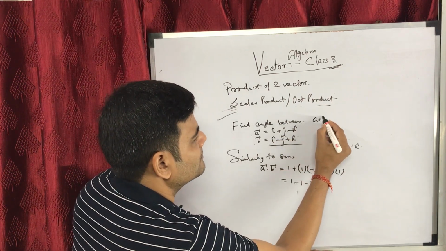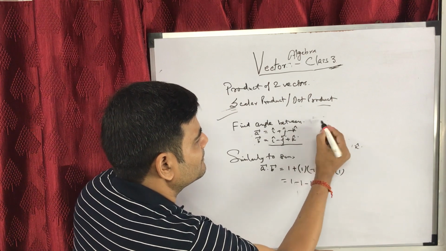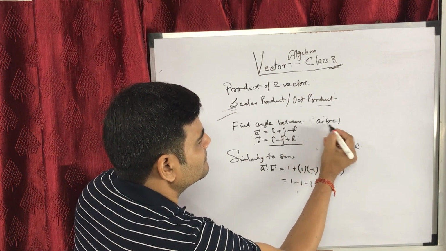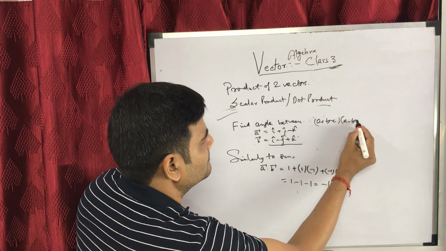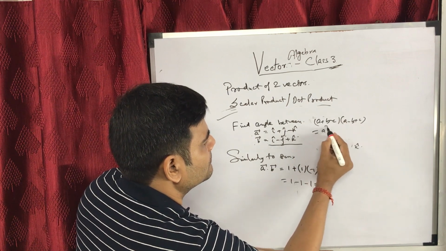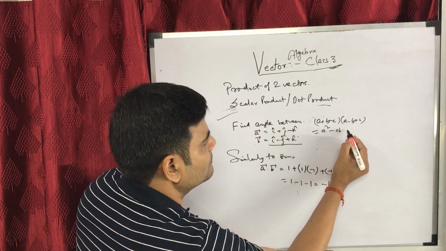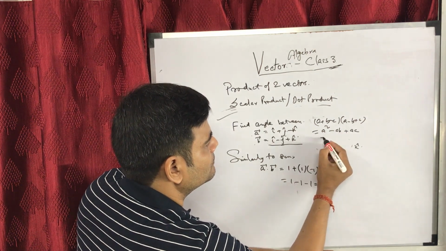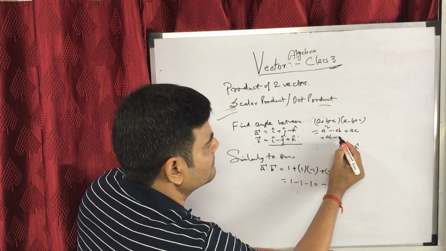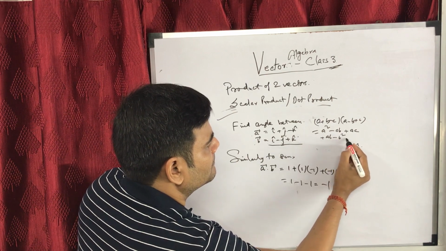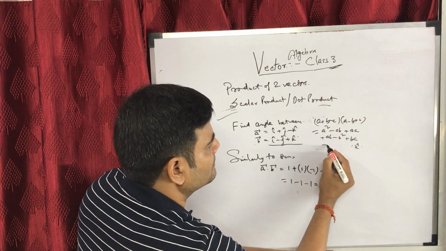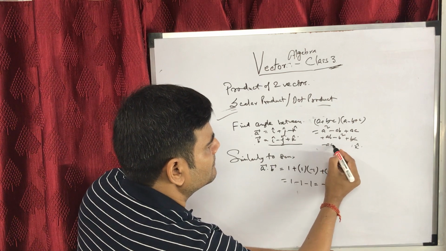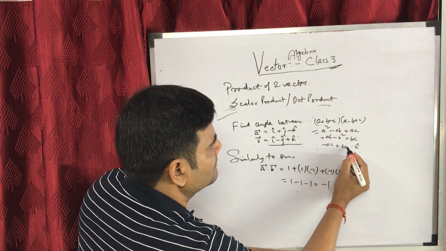You don't have to do something like A plus B minus C and A minus B plus C equals A square minus AB. No. There are so many components, you know that, right? You do like this, AB minus B square plus BC minus AC plus BC minus C square.